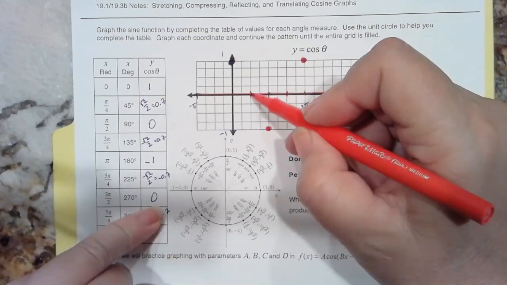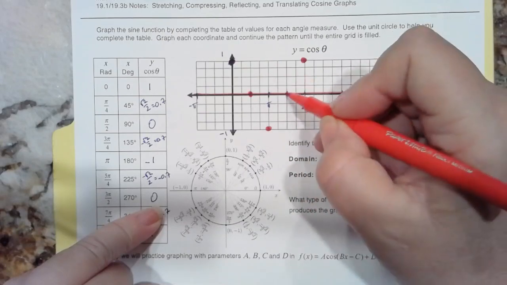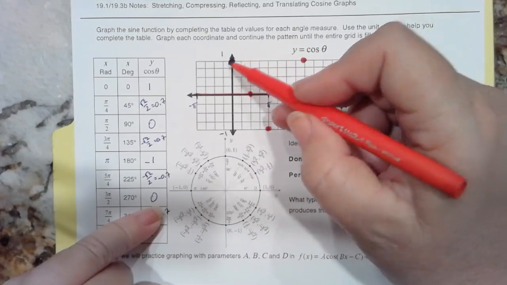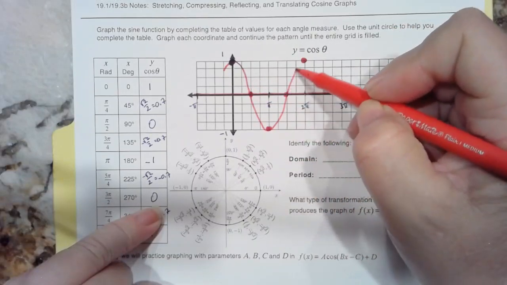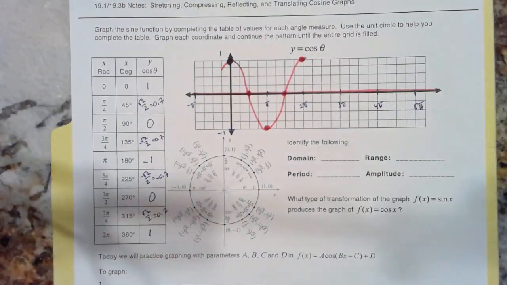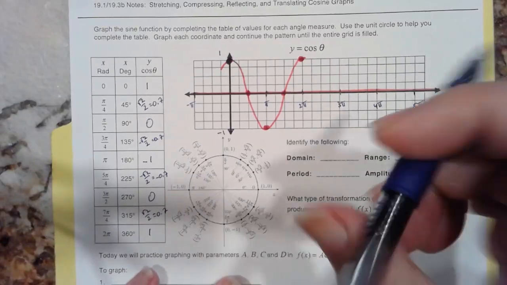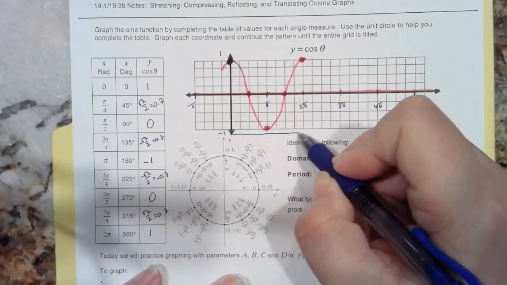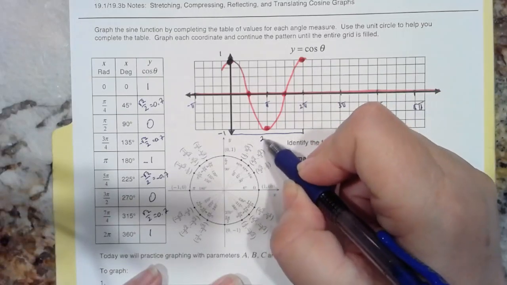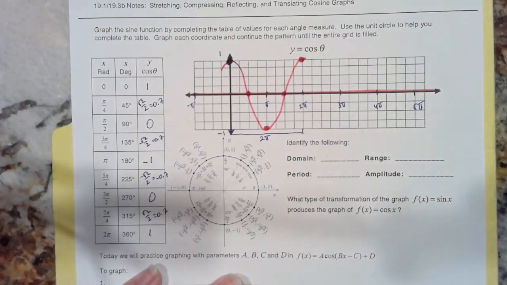That's when the axis is 0. So it's going to be 0 and 0. So curvature, and this is your 1 period. We would call this period 2 pi because 2 pi is the length of the period.